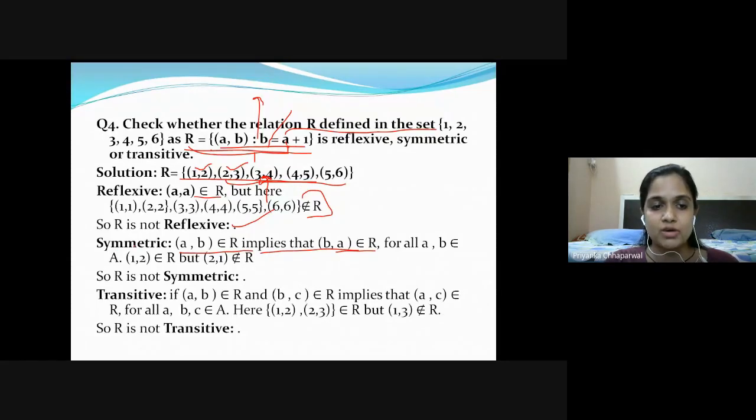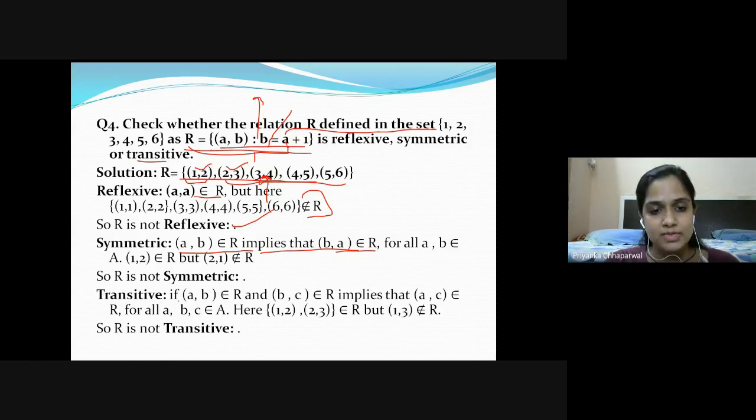In symmetric, the condition is: (a, b) belongs to R implies that (b, a) should belong to R. Here (1, 2) belongs to R but (2, 1) does not belong to R, so it is not symmetric. Third is transitive. What is the definition of transitive?